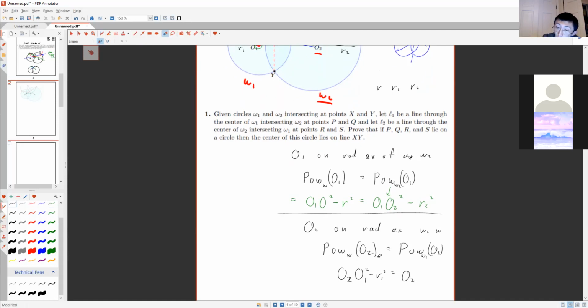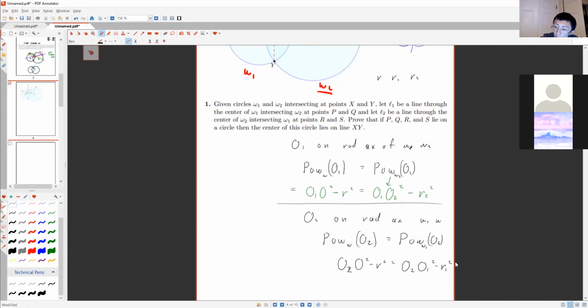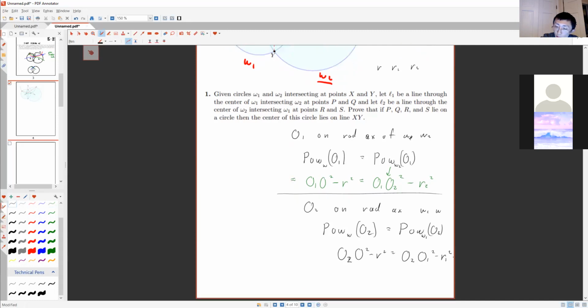So let's make that omega. So this is this and this. There we go. I can't read my own handwriting since I keep crossing out instead of erasing. So then O1, this squared minus this squared. Okay. So yeah, what should we do with these two expressions now?